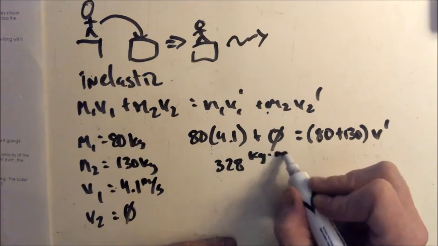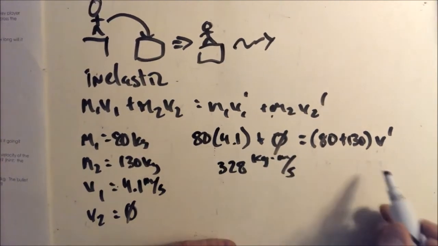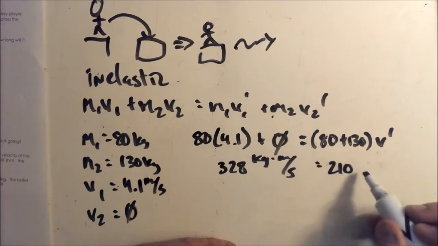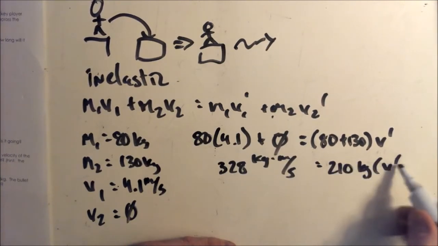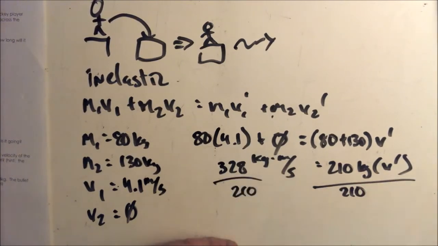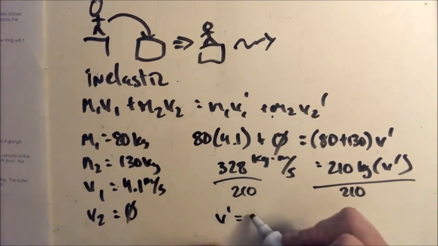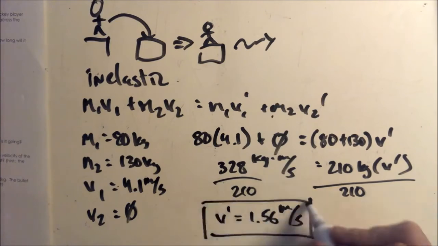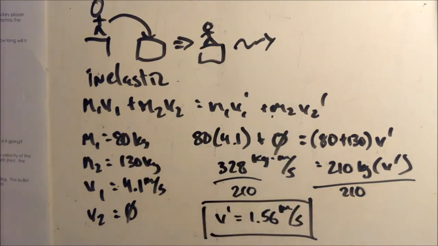That's how much momentum is present in the system, and that's how much momentum must be present over here. So 80 plus 130, or 210 kilograms, multiplied by v prime meters per second. Divide both sides by 210, and we have a v prime of 1.56 meters per second. There we go. That's all there is to this one, pretty straightforward. Same kinds of things.